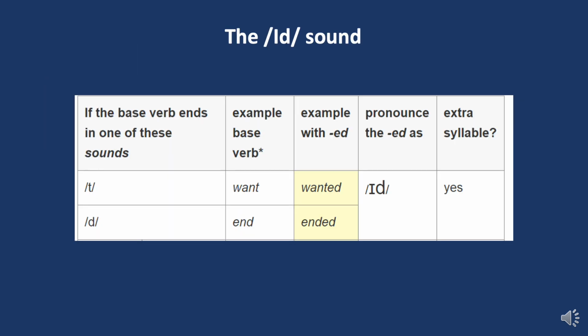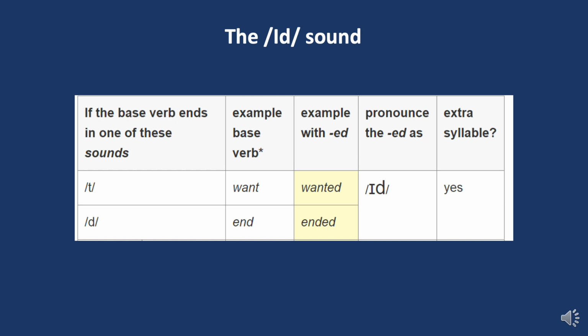For the id sound, if the base verb ends in one of these sounds, a T or a D as you see on the left, you pronounce the ED at the end as an id, which adds an extra syllable. So in the example here for want, when you add the ED, it becomes wanted.